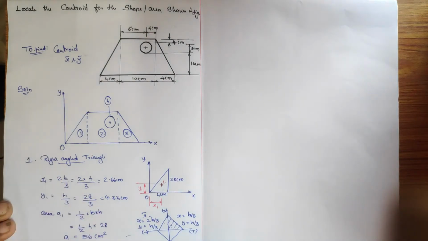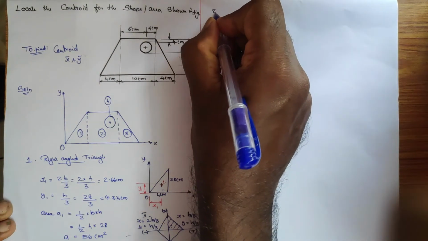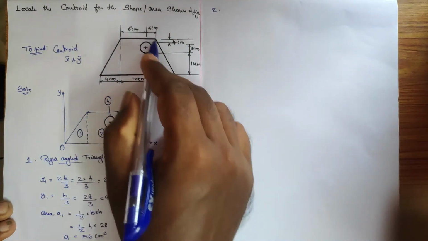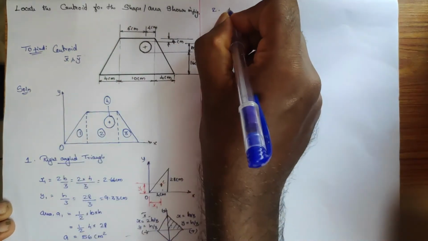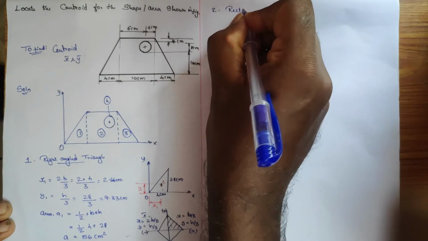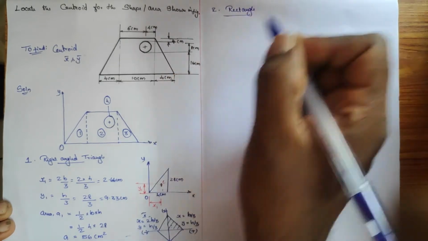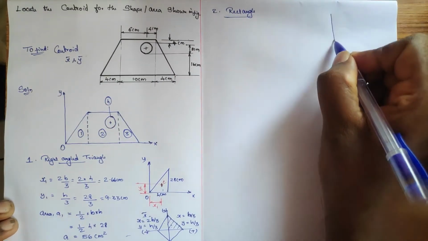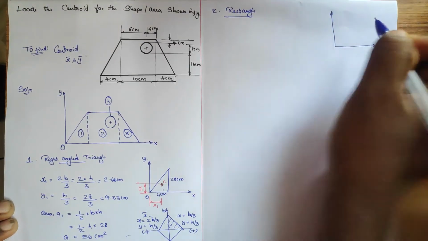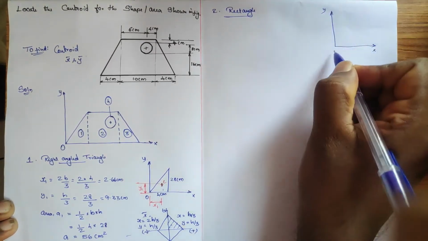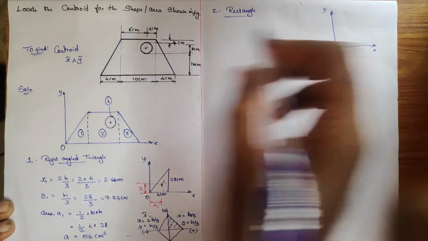Okay, so the first component is over. The second component is a rectangle, and that particular thing we need to bring into the coordinate system. This is x, y, this is O. We just need to locate where it is.